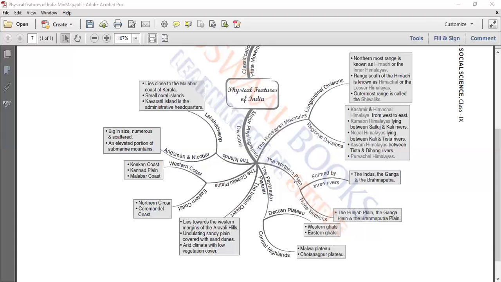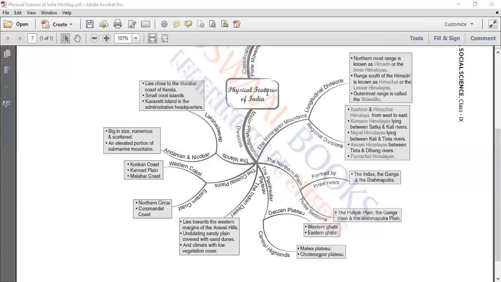It receives 150 centimeters or below of rainfall every year. The region is arid. Streams appear during the rainy season, and there is one large river, that is Luni. Then we even learned about Barchans. Barchans are the crescent-shaped dunes seen near Jaisalmer over the larger area.